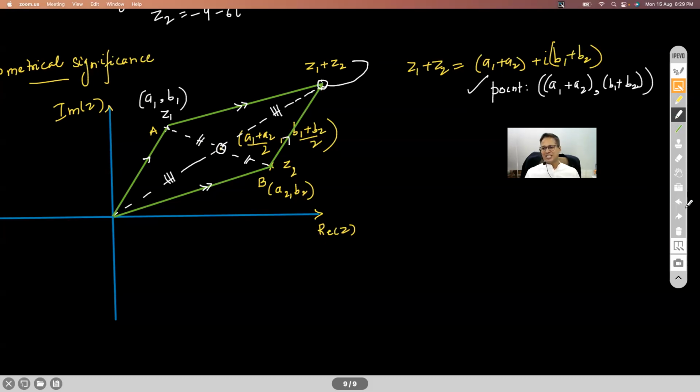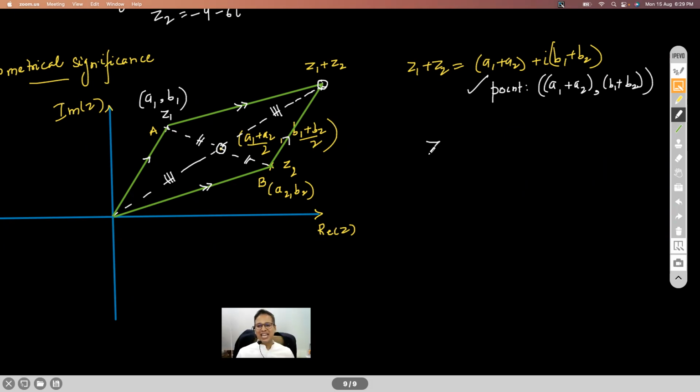Correct? Now, this makes us realize that when you are adding two complex numbers using the parallelogram law of addition, what characteristic does it represent? It represents the characteristic of a vector, right? So this is something you have to keep in mind, that a complex number is like a position vector.